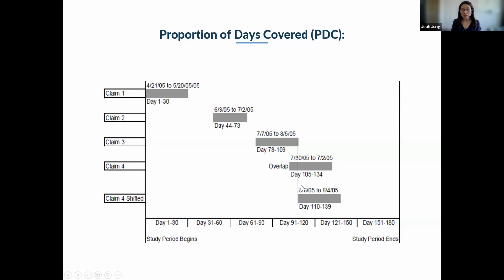This is what the program does. You can find the SAS program that lets you calculate the PDC, and whenever it detects an excess, it goes through fill by fill and pushes the start date for the following claims, only after they have consumed all this oversupply portion. That's the PDC measure.